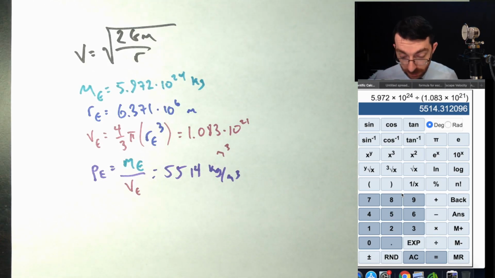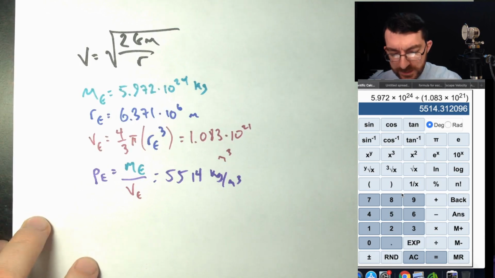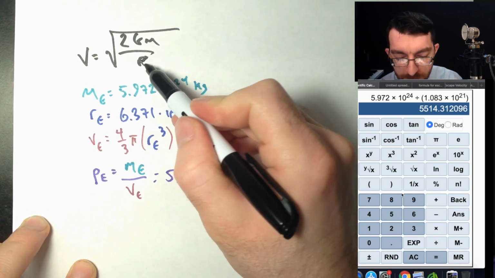Okay, so we've got the density of the Earth here. Now we have a mass and a radius in the equation. I just noticed I have a lowercase r when the other one had an uppercase R. Don't want to be confusing anybody there.